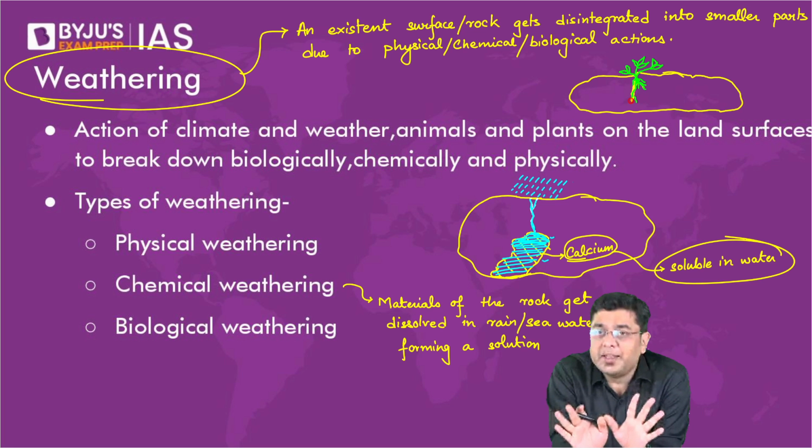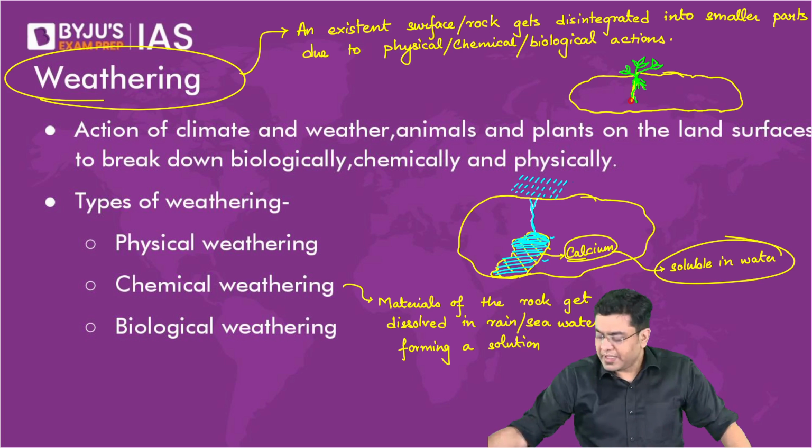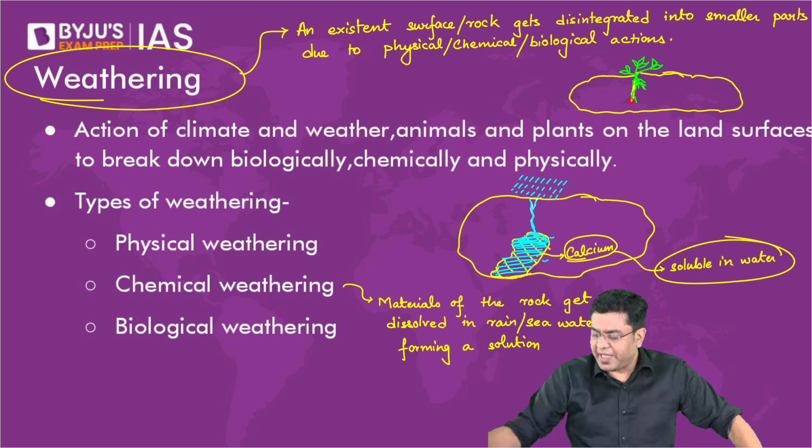So, in a practical scenario out there in nature, all of them are initiated at the same time. Okay. Now, any doubts that we have till now? Let me know. So, no doubts? Good.